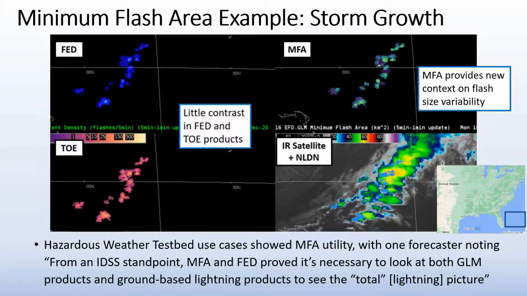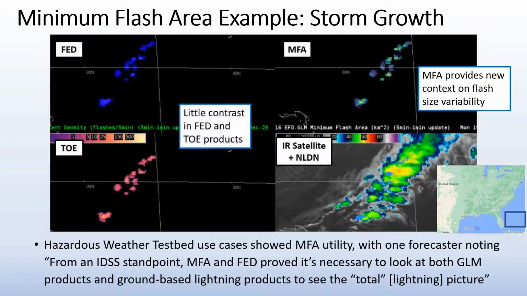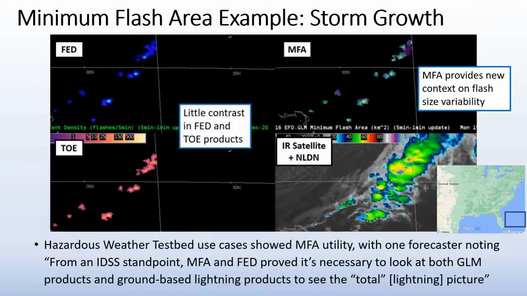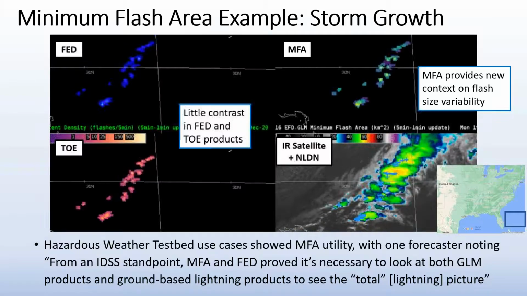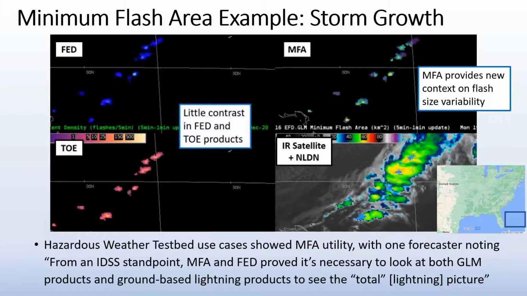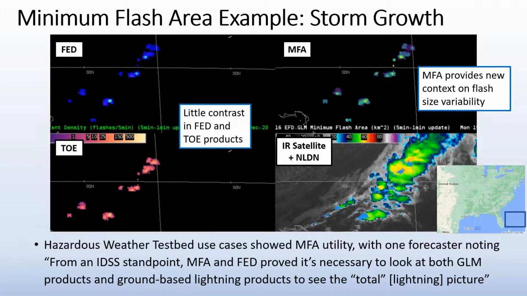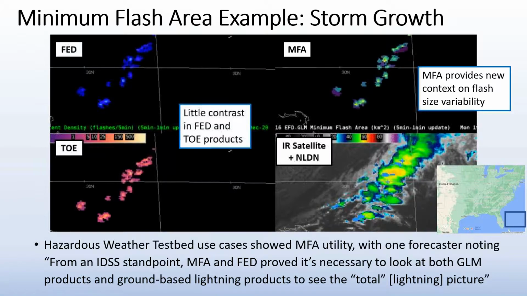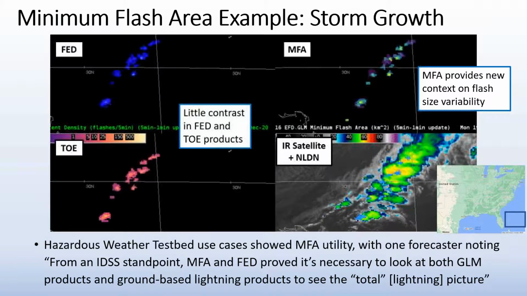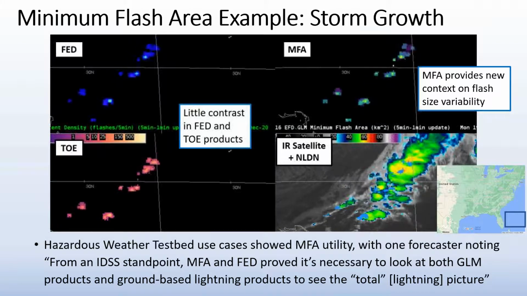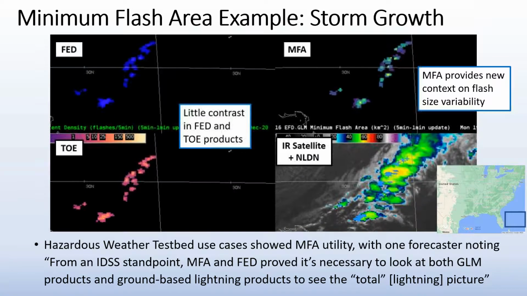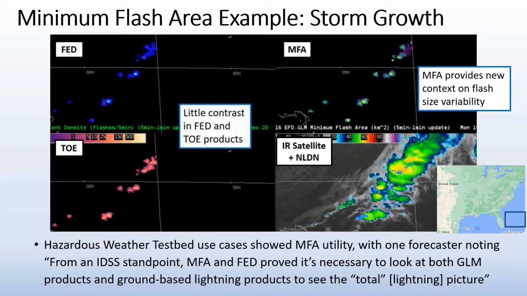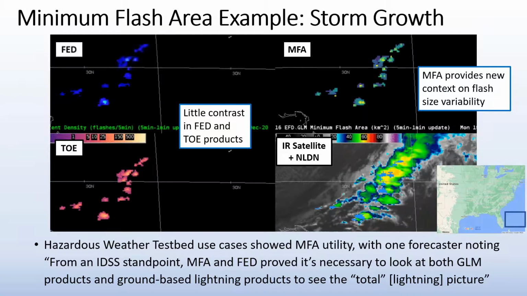So the hazardous weather testbed ran several use cases trying to gauge how forecasters assessed or liked the utility of minimum flash area, and most of the cases showed that the MFA gridded product was very important to understanding lightning activity and providing that context on how storms are evolving in time.